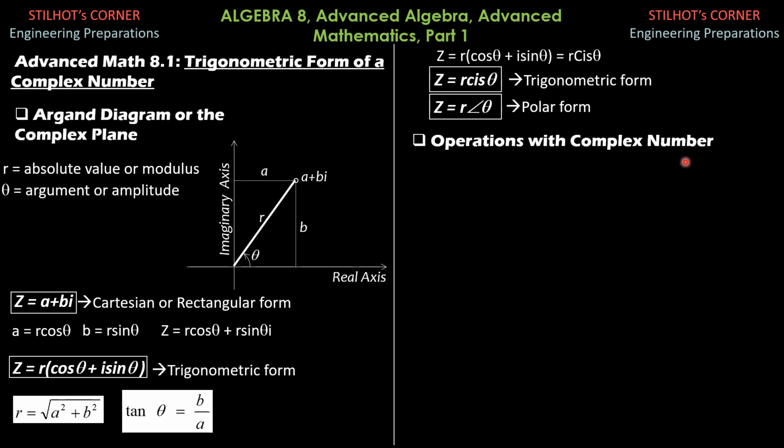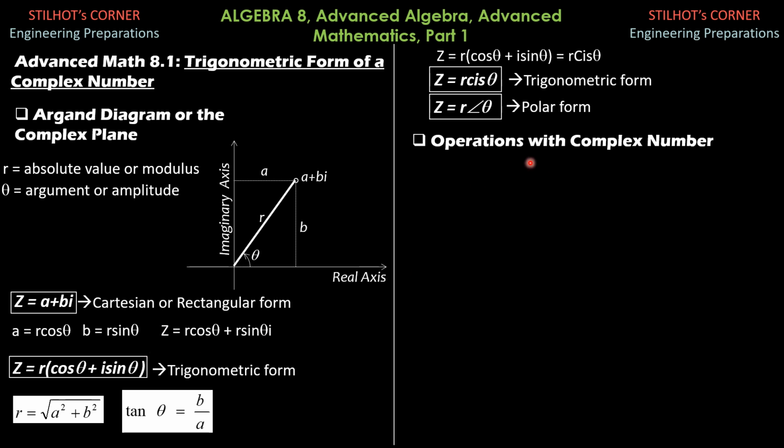Then operations with complex numbers. Of course, if you have a product, you can use your calculator, set it in the complex mode. But when it is not calculator aided, for example, then we transform complex numbers into trigonometric form so that we can easily operate them.